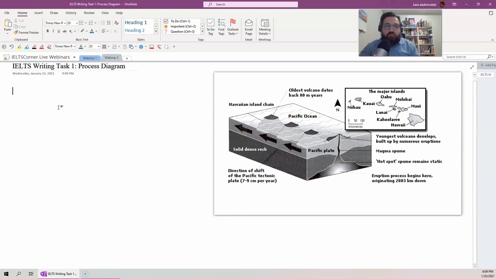And I am going to follow the same structure that I always follow, which is an introduction, and then an overview, and then 2 body paragraphs. Okay? So introduction, overview, and 2 body paragraphs. With the introduction, basically what we're going to do is we are going to just give a general overview of what we are dealing with, what we see.